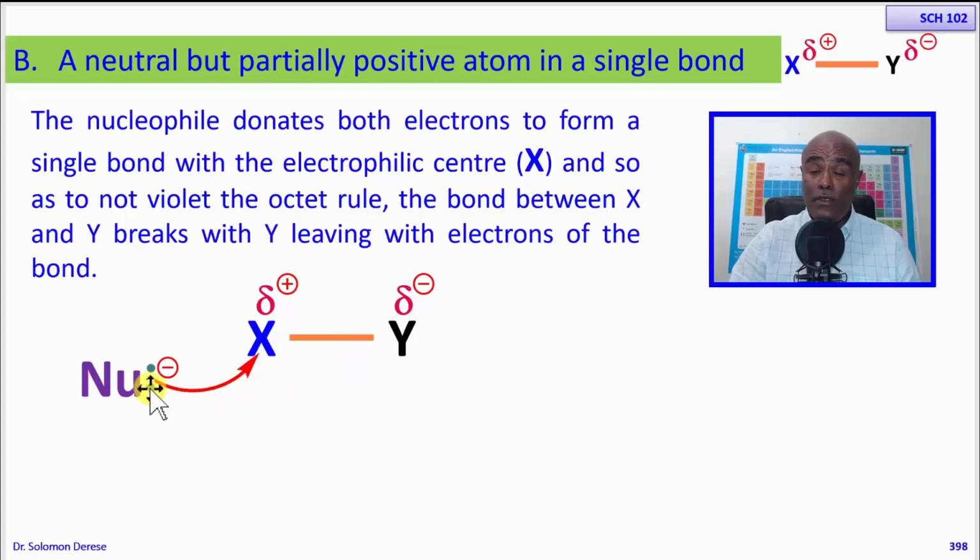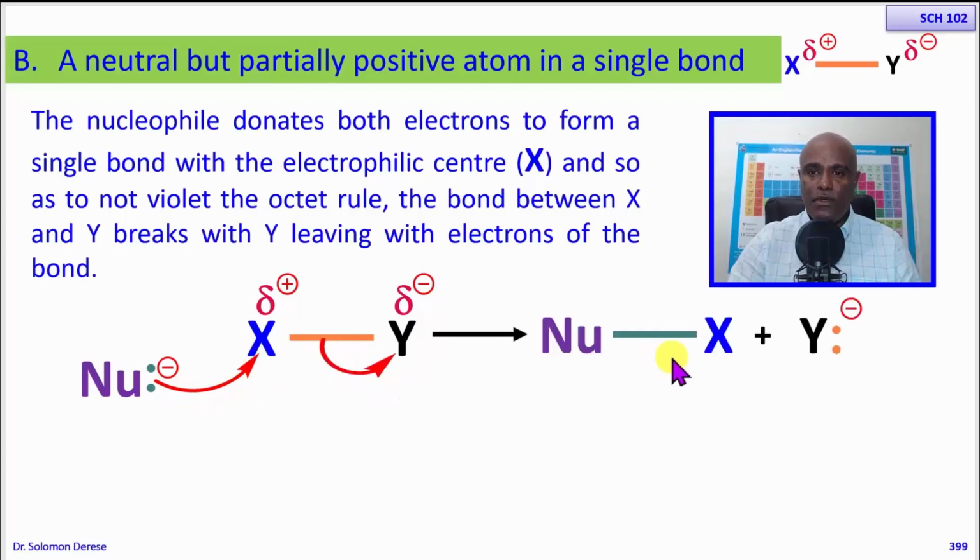So when these nucleophiles form a bond with an electrophile that is bonded through a single bond to another atom, this single bond breaks. When this one forms a bond with it, this bond breaks, and then Y goes away with both electrons of the bond. Y becomes negatively charged.